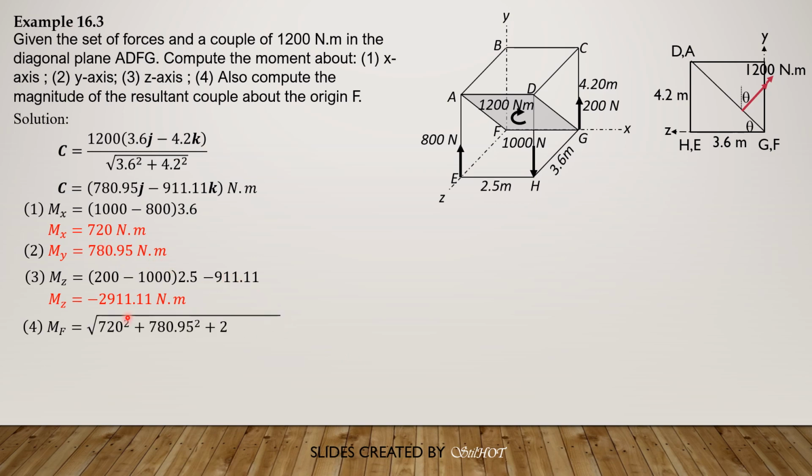And finally, the magnitude of the resultant couple is simply the square root of 720 squared plus 780.95 squared plus 2911.11 squared. So the magnitude is 3098.85 Newton meter. To show that the couple is really represented by this, you may also define the axis of this 1200 Newton couple by getting the cross product of GF, your forefingers towards GF, curl it towards GD.